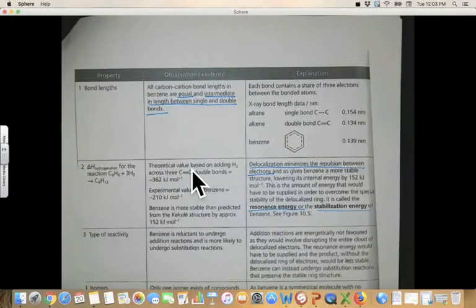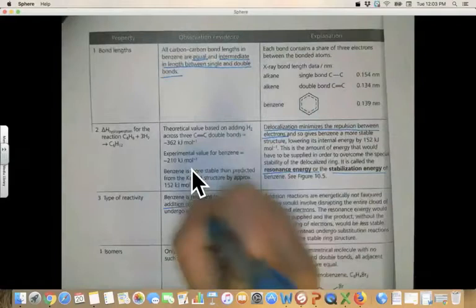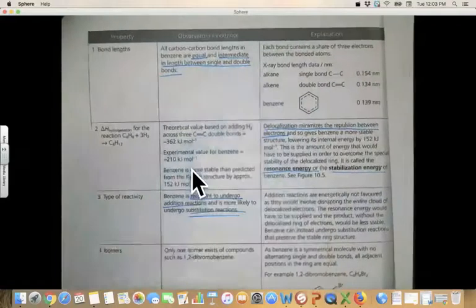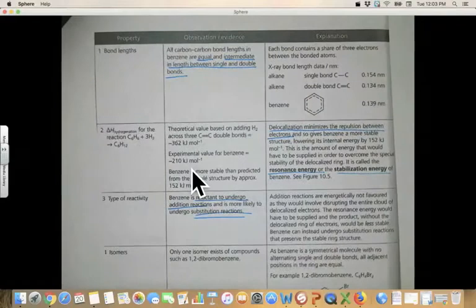And since it's so stable, it is very reluctant to undergo addition reactions. It's only going to undergo a substitution reaction. In other words, we're going to replace the hydrogen with something, but we're not going to do anything else, like an addition reaction, that would disrupt those delocalized electrons.